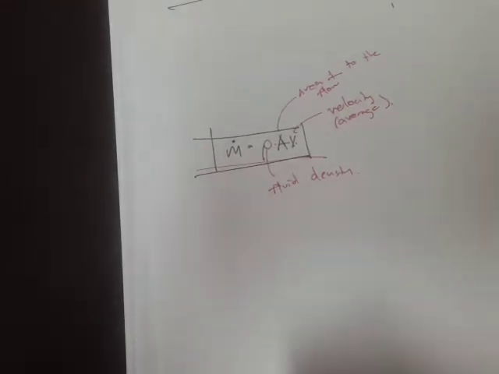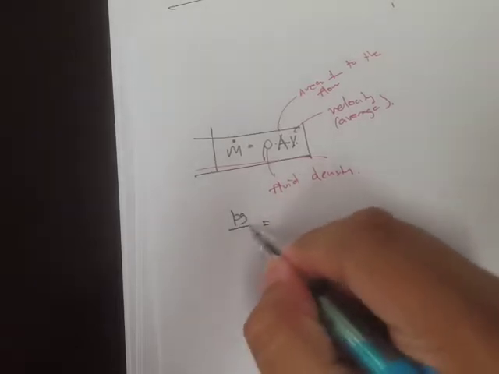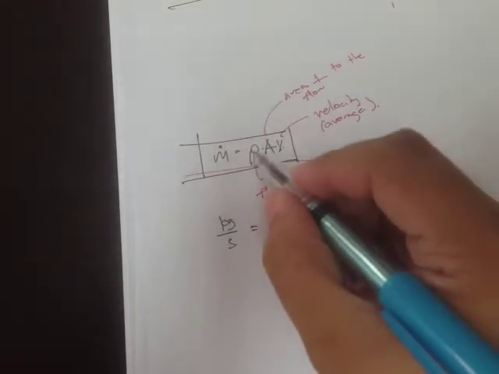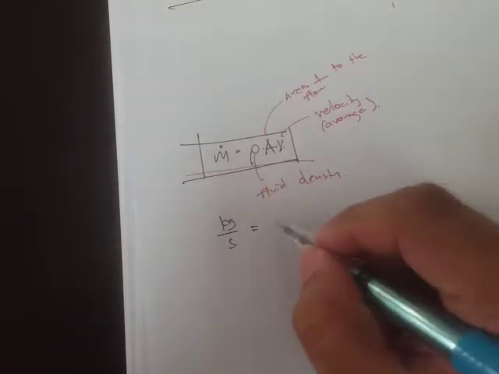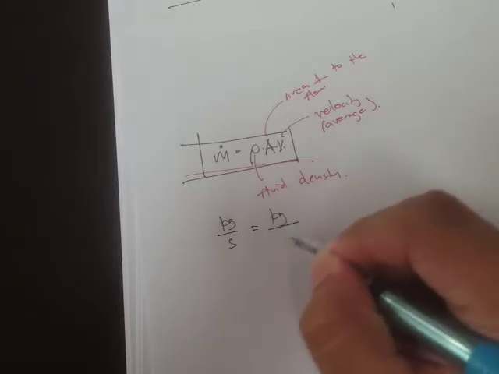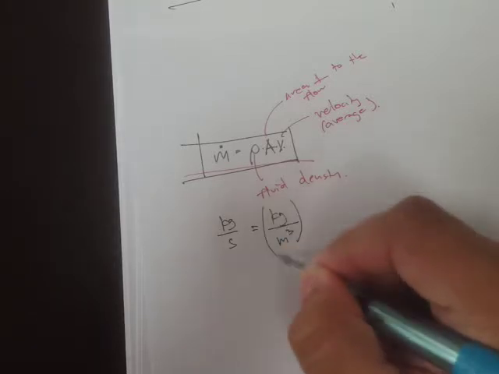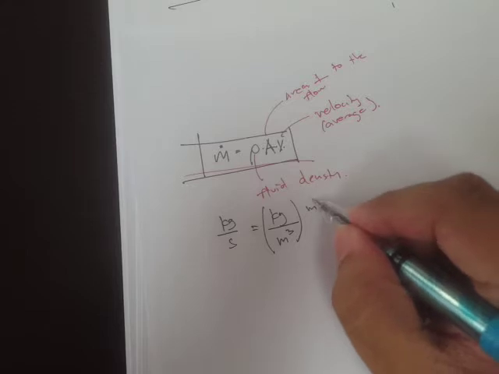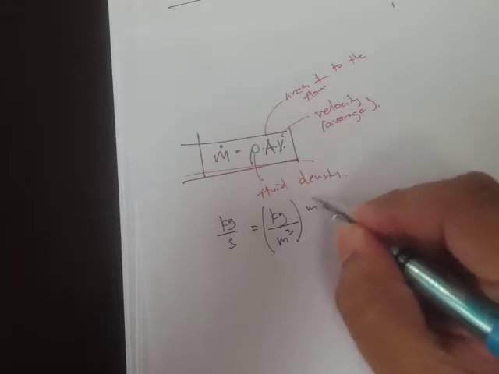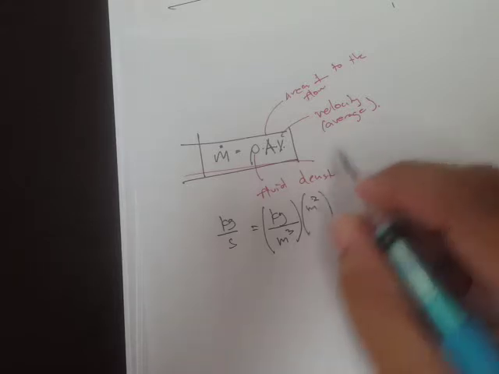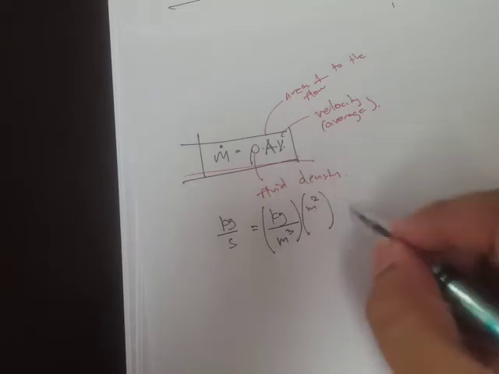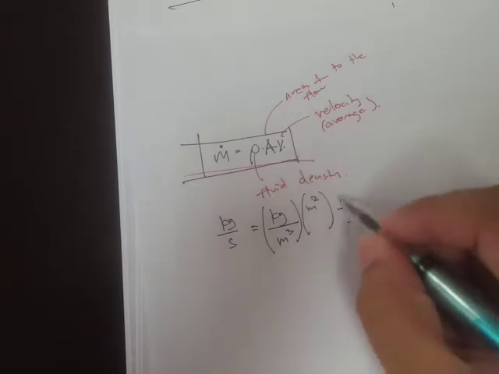Now let's check the units. The mass flow rate should be in kg per unit time, so kg per second. Density has a unit of kilogram per meter cubed. Then the area is meter squared, and the velocity is meters per second.